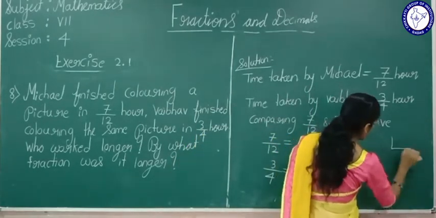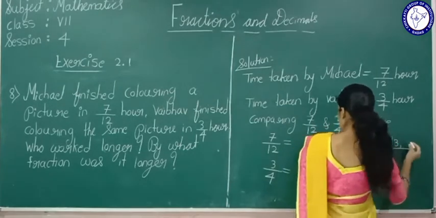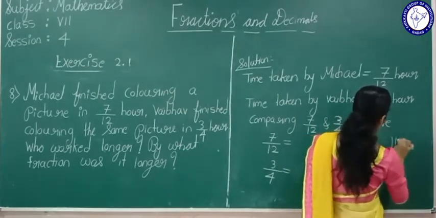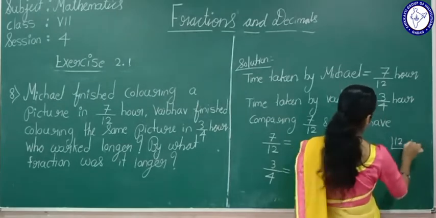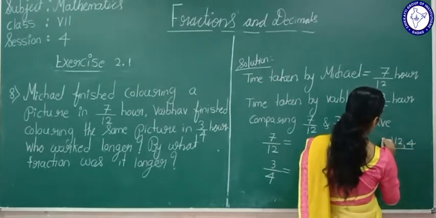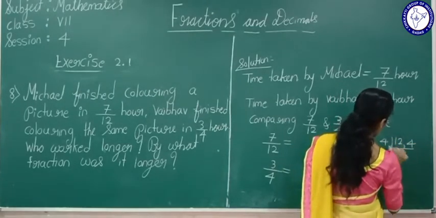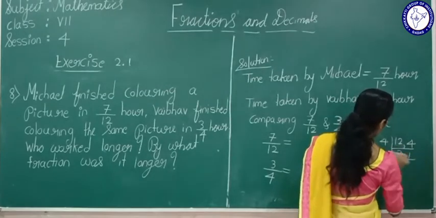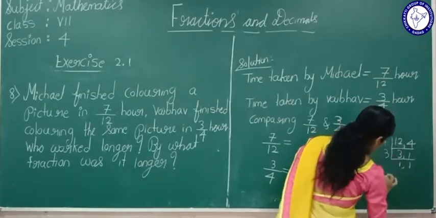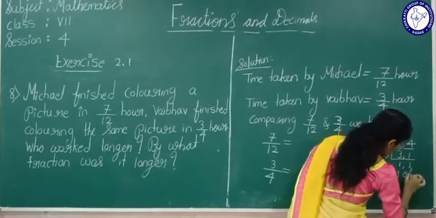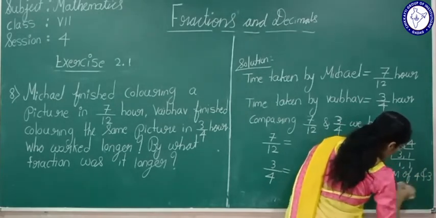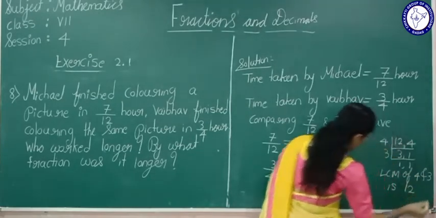See here, what is the LCM of 12 and 4? 4 3s are 12, 4 1s are 4. LCM of 4 and 12 is what, student? 12.